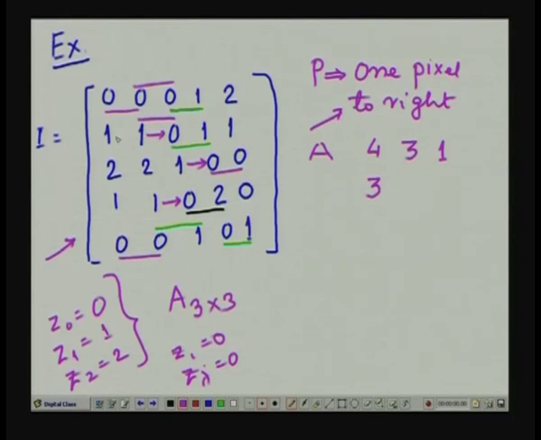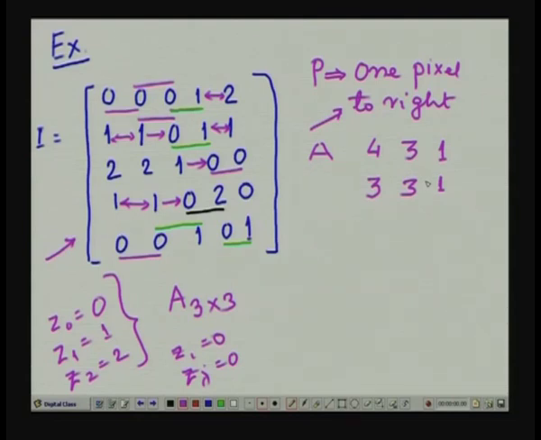Similarly, for 1 1, this is one pair, this is one more pair, and this is another pair, so A 1 1 will also have a value equal to 3. For 1 2, this is the only pair within this image, so A 1 2 will have a value equal to 1.